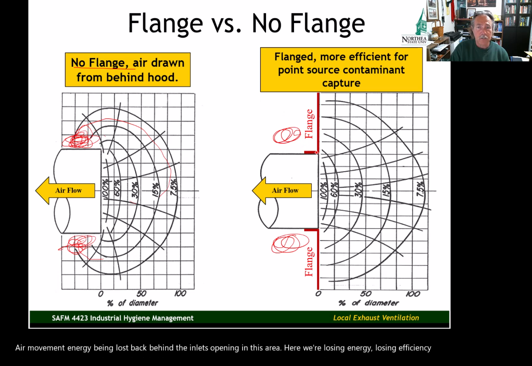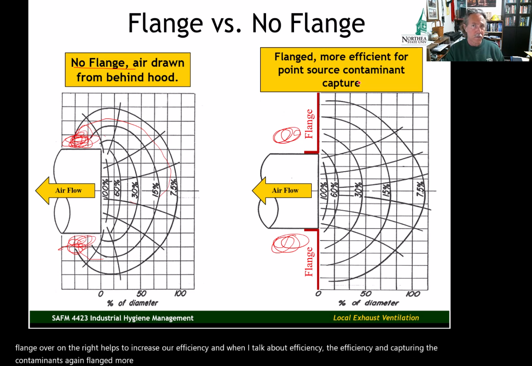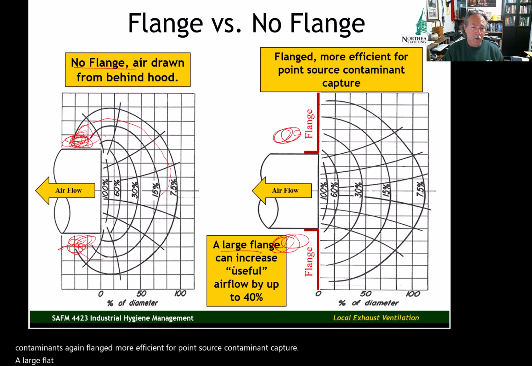The flange over on the right helps to increase our efficiency. And when I talk about efficiency, I mean the efficiency in capturing the contaminant. Again, flanged, more efficient for point source contaminant capture. A large flange, according to the literature, can increase useful airflow by up to 40%.